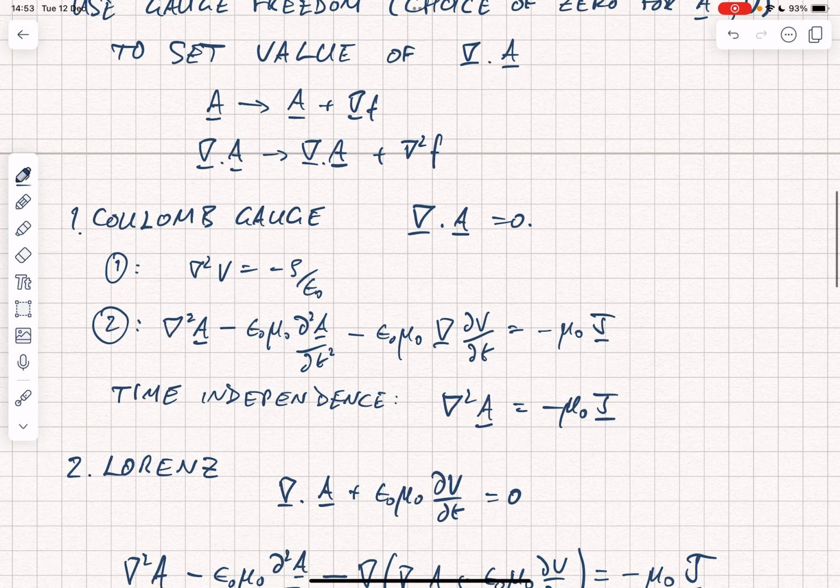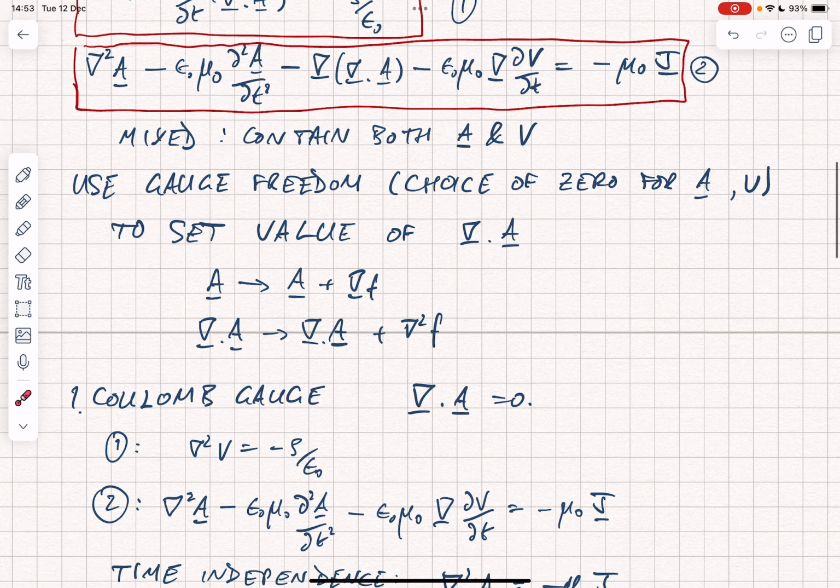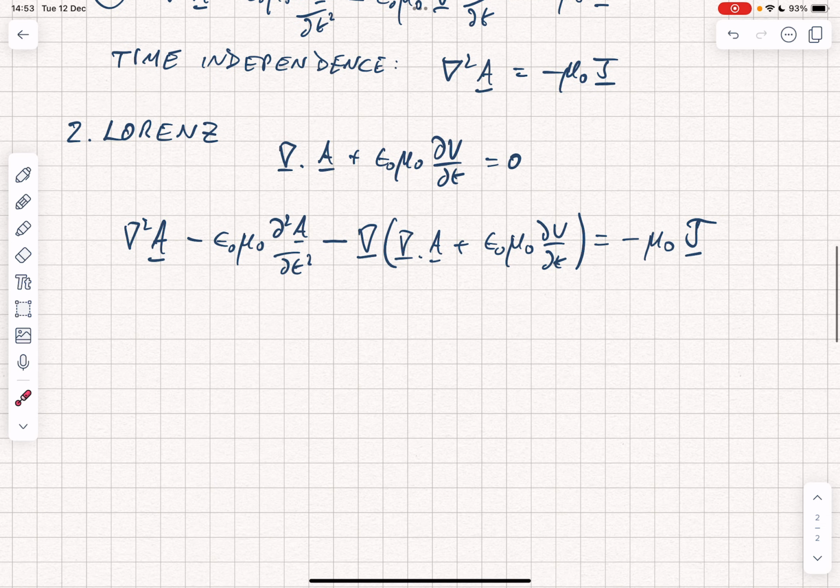So if we compare that with our equation up here, you'll see that all I've done is to move the gradient outside and bring these two terms together. You can now see immediately why the Lorenz gauge is so helpful.